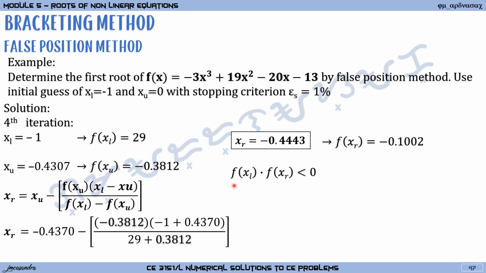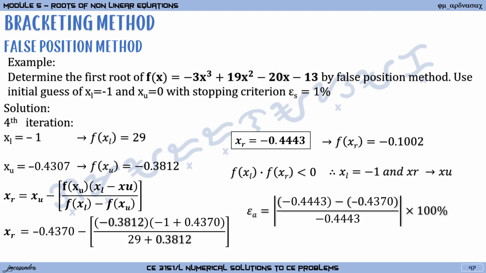So, checking now, the product of FXL and FXR is negative, so it's less than 0. So our new limit for the bracket for our next iteration will be negative 1 and negative 0.1002.